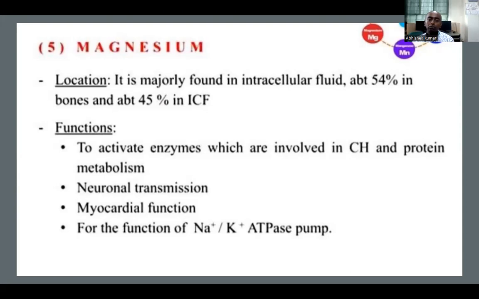Function: it activates enzymes which are involved in carbohydrate and protein metabolism. It helps in neuronal transmission, mitochondrial functions, and the function of the sodium-potassium ATPase pump.